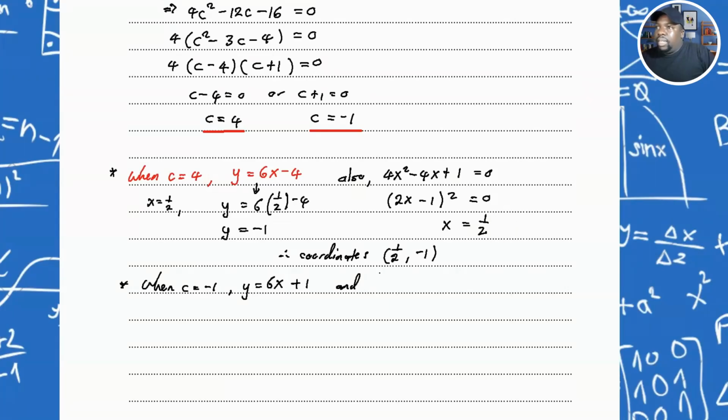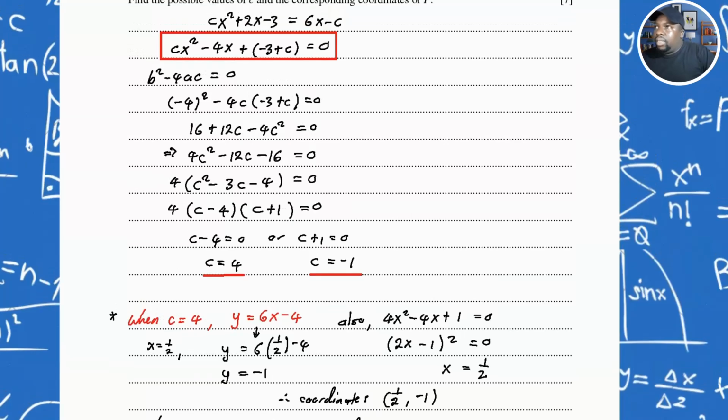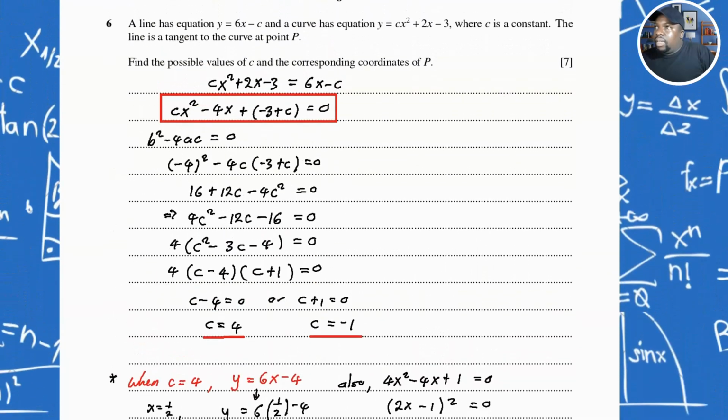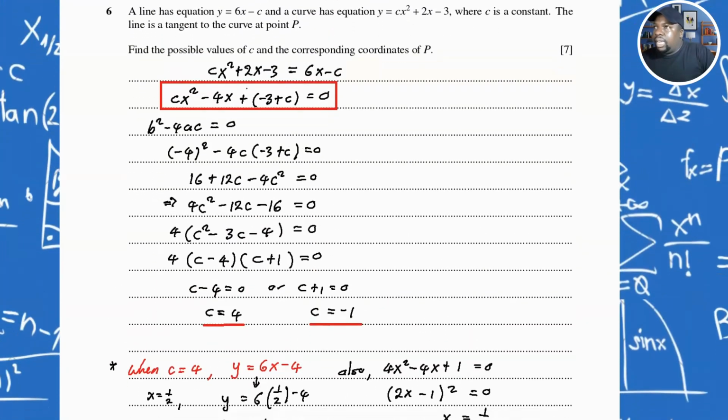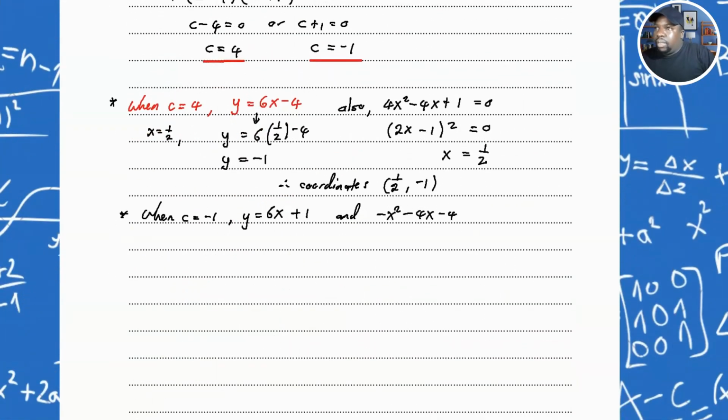And the equation will be, since it's minus 1, it'll be minus x squared. So let me write that down. Minus x squared plus 4, minus 4x. And it says minus 3 plus c here. It's minus 3 minus 1, so that will be minus 4. Like this, and it's equal to 0.